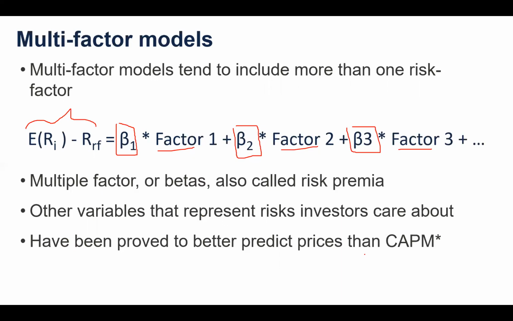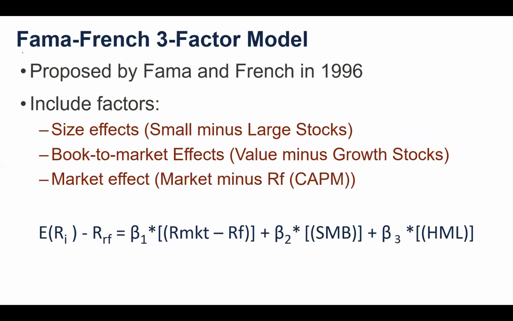Although we also know that, I mean, give CAPM a break, kind of, because it's a very old model, right? And it's still widely used in corporate finance. There are some recent and more sophisticated models that have been shown to predict prices better. One very famous one is the Fama-French three-factor model, which was proposed in 1996.